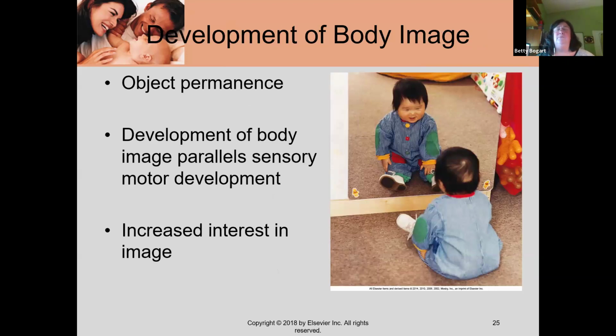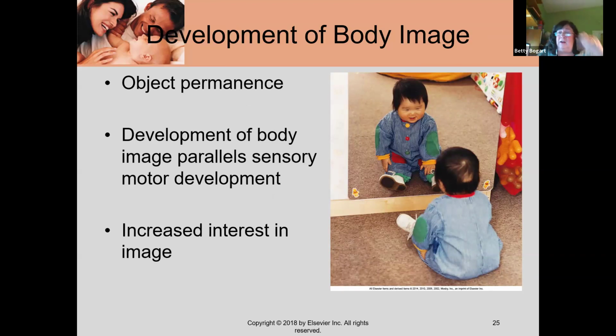We know children start something very early. They see a toy, and even though it's not in sight, they still know it's around. Even your young children, 6 months old, you hide their rattle behind something on tummy time. They're going to try to get there.